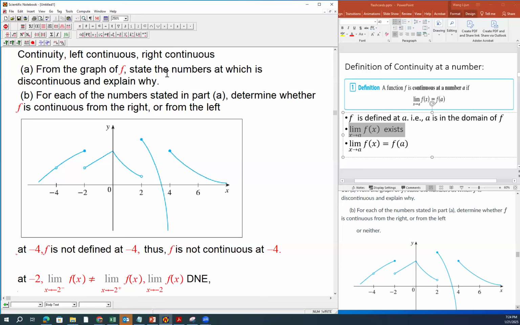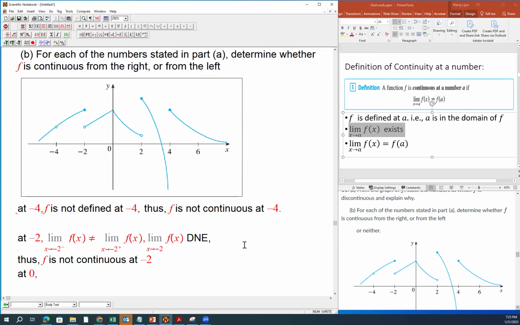This question is asking to state the numbers at which f is discontinuous. At 0 it is continuous, so we don't need to work on that. At 2, same thing. At 2 and -2, the points are the same.